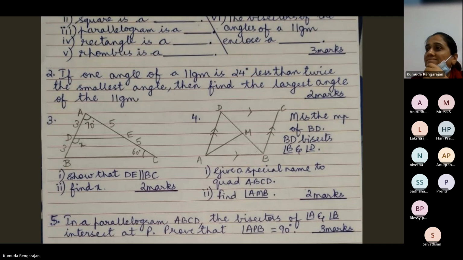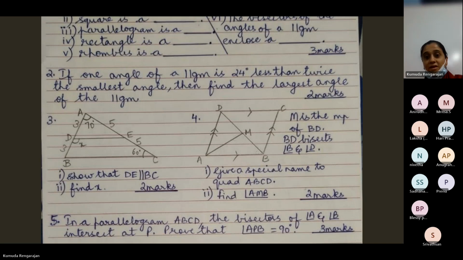Finished? Yes, ma'am. Okay. If one angle of a parallelogram is 24 less than twice the smallest angle, then find the largest angle of the parallelogram. Yes, who's that?